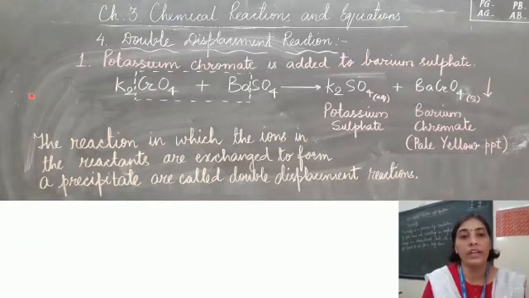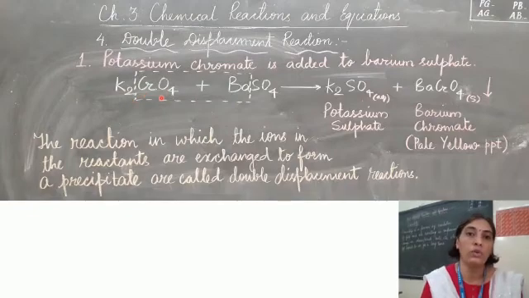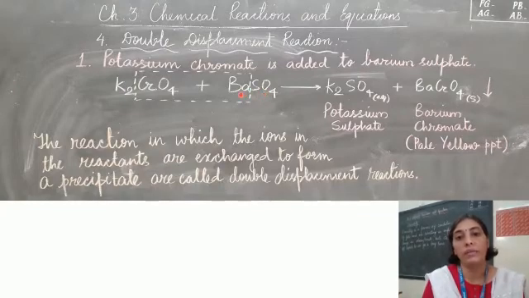You can just write K, that is potassium, that is 1 positive, and this is chromate radical, that is 2 minus, and when you cross them you get the formula K2CrO4. Then this is barium sulfate, which is our next reactant. Barium is 2 plus, sulfate ion is 2 minus, and when you cross you get BaSO4.